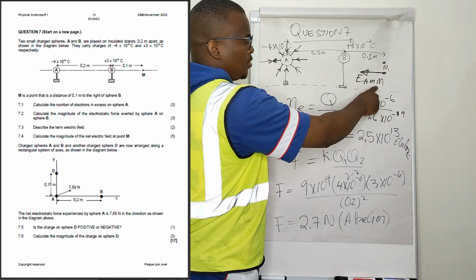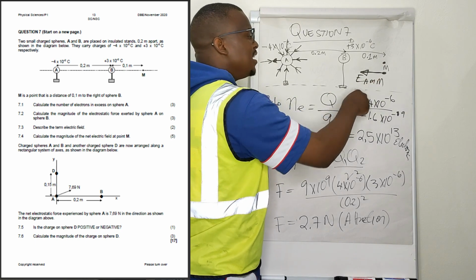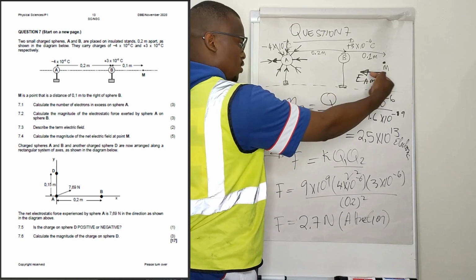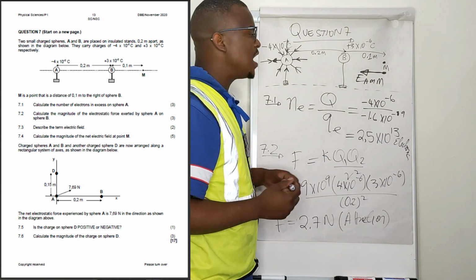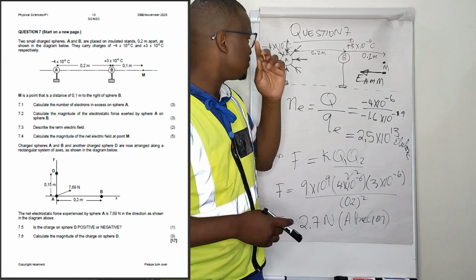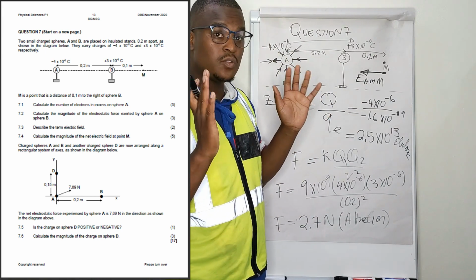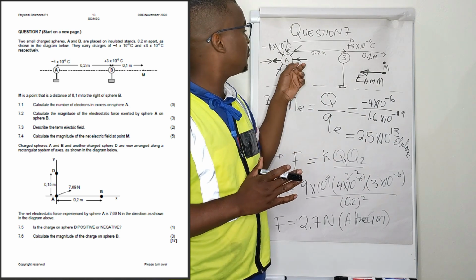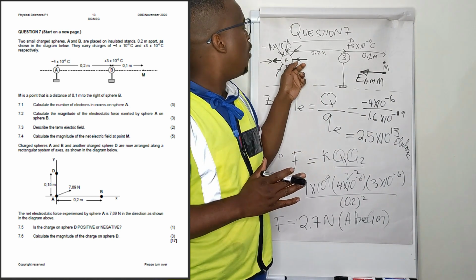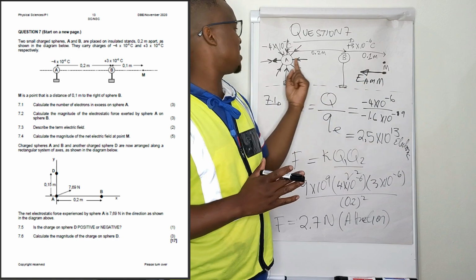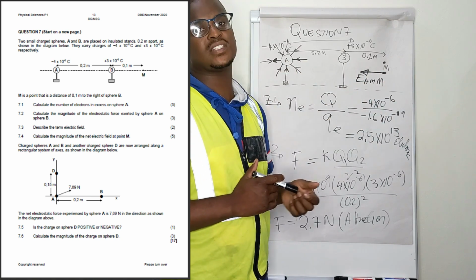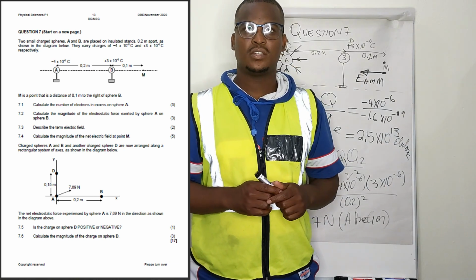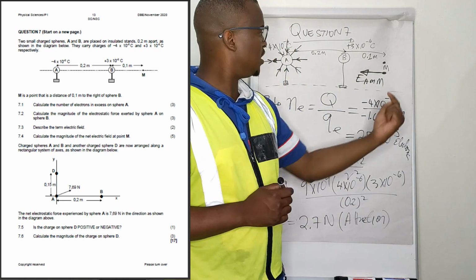So when you calculate the electric field experienced by M as a result of A, you know its direction will be towards your left.